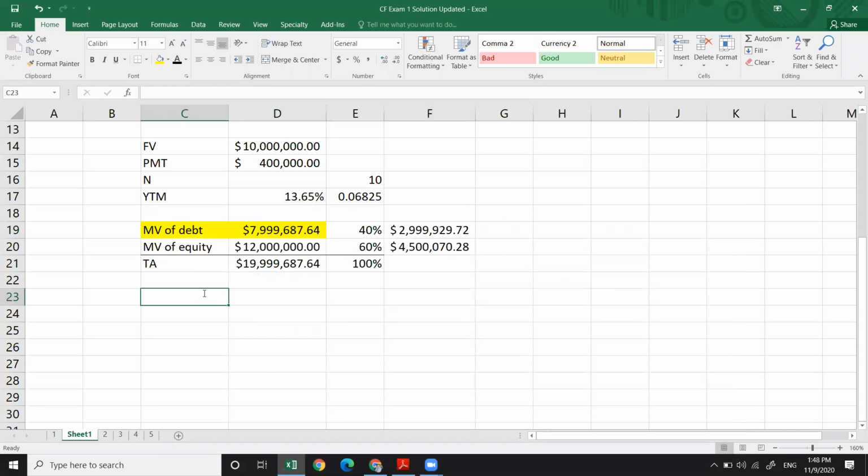The cost of debt is already given, 0.16, and for the cost of equity, we use the risk-free rate, the beta, and the market risk premium, using the CAPM model. So we will calculate everything through the CAPM.